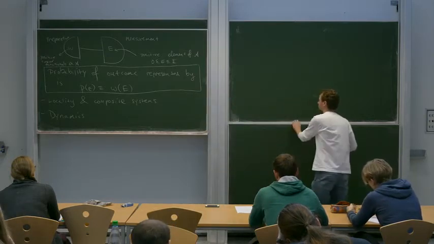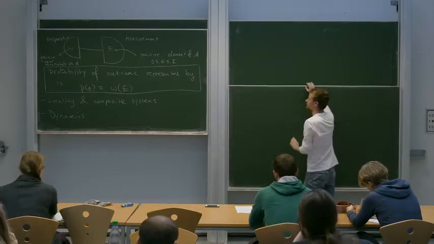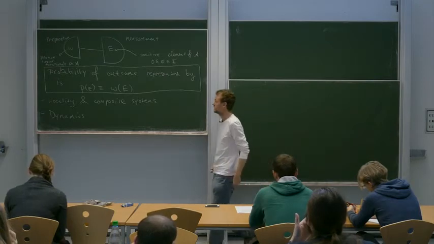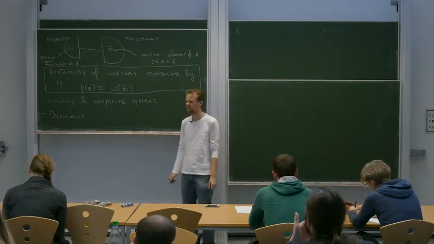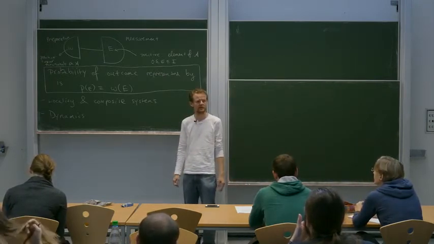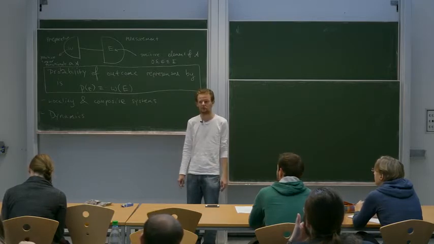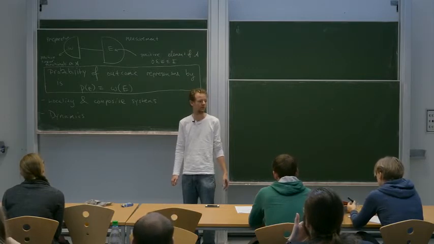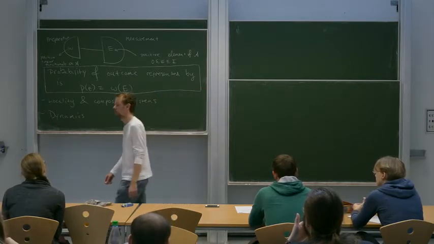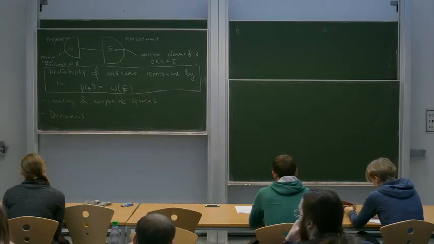So that's the task for today. Understand composite systems and dynamics. And then we'll have pretty much the structure of quantum mechanics settled, and then we can get to the business of actually looking at real composite systems and eventually modeling quantum noise, realistic quantum noise processes.